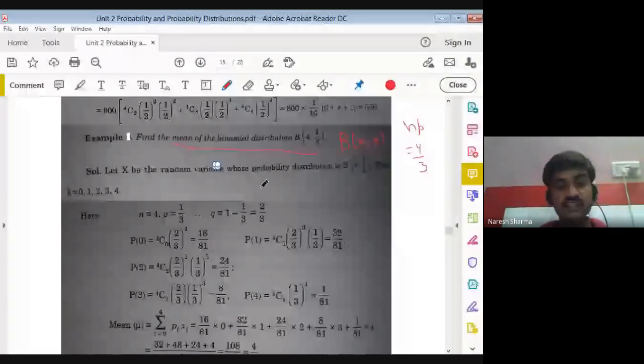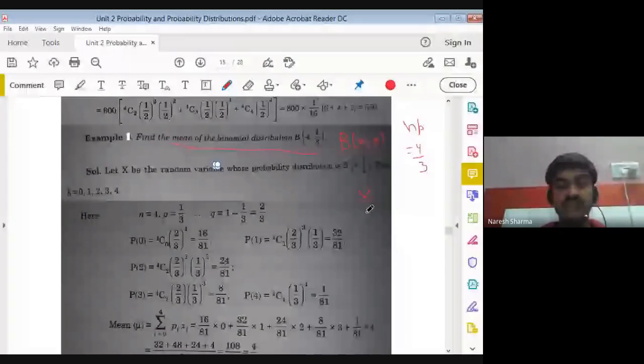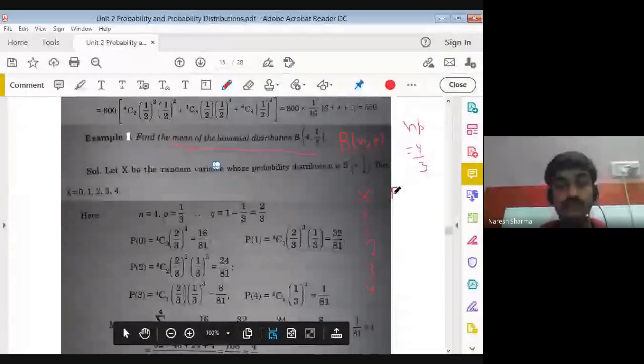Because when you say distribution, we are interested in finding the probability of the random variable at 0, 1, 2, 3, and up to n. That means here up to 4, and this table is called the probability distribution.